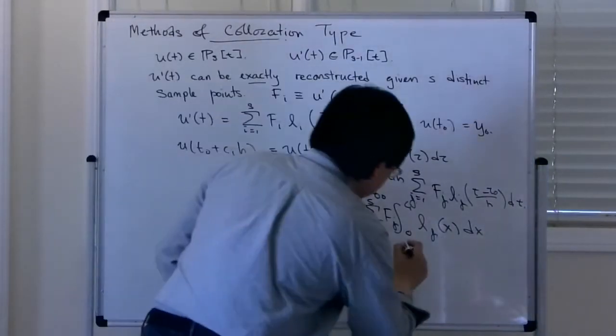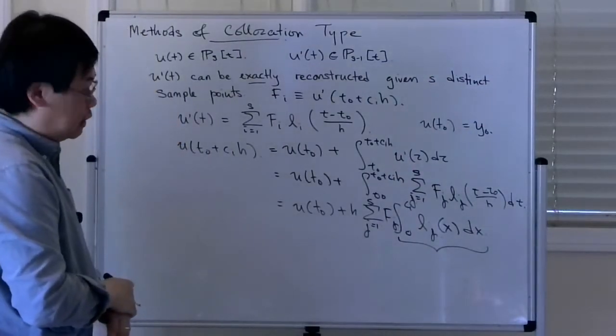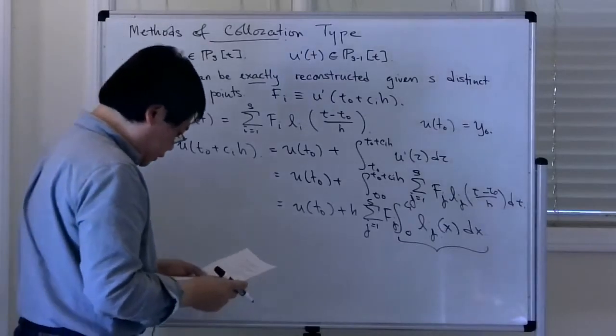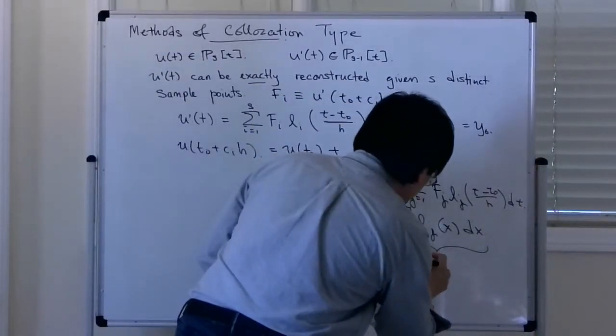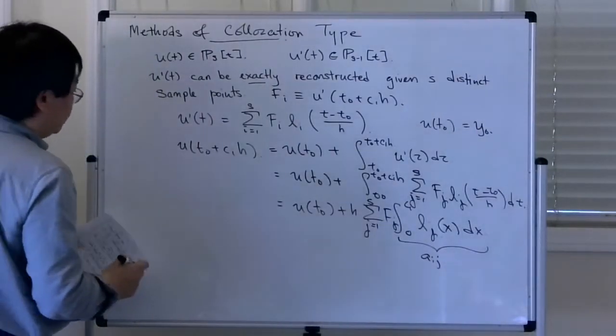So I'm going to think of these as the coefficients of a Runge-Kutta method. So this is going to be aij.